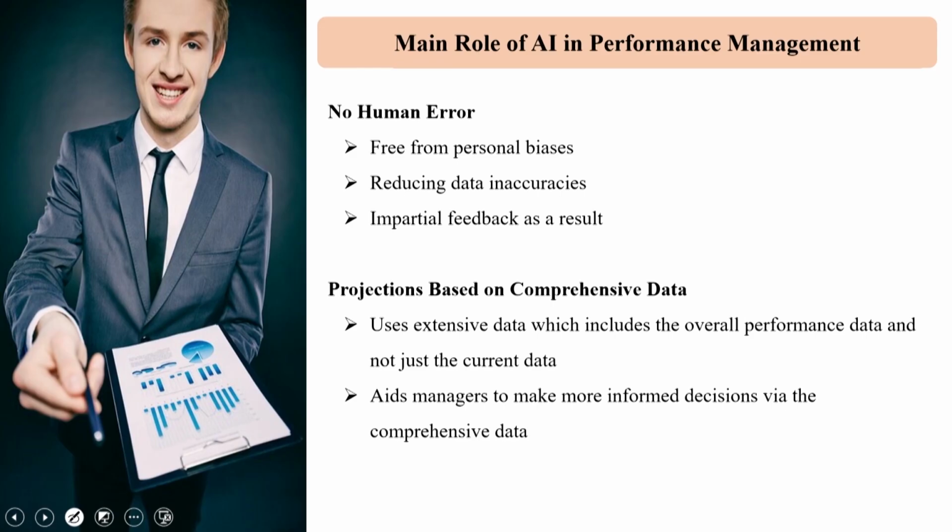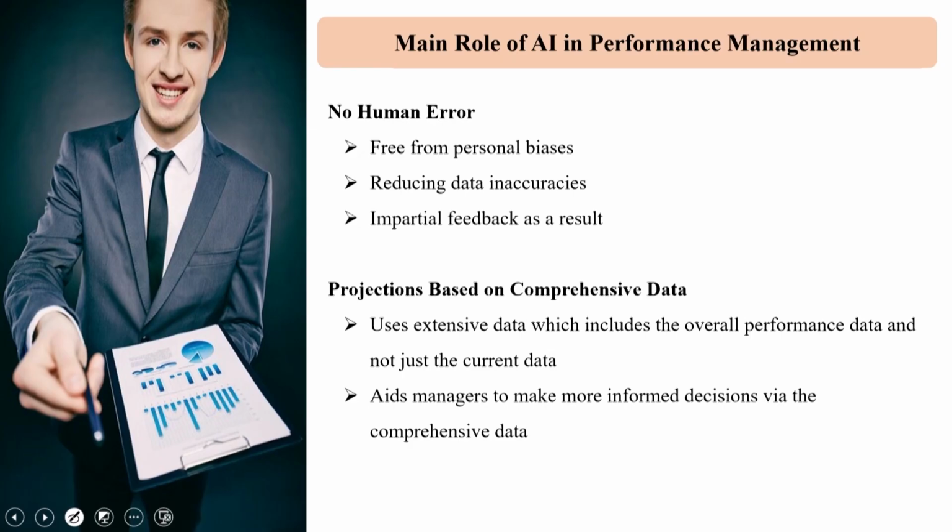Now, this is interesting. The moment you are putting a human being, you are having a human element into the picture, there are some personal biases. You can call them any type of bias, any level of bias that can happen, but there is some stereotyping, there is some bias. But when it comes to AI, please note, it is free from all personal biases.